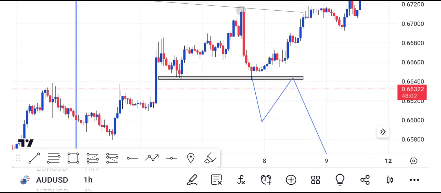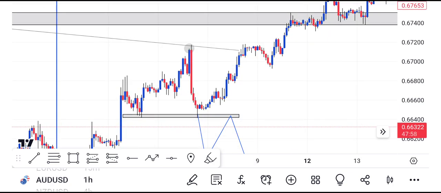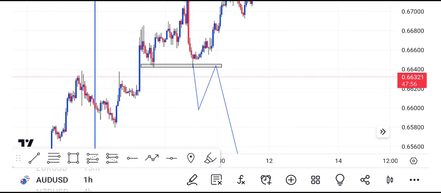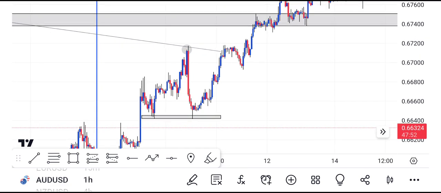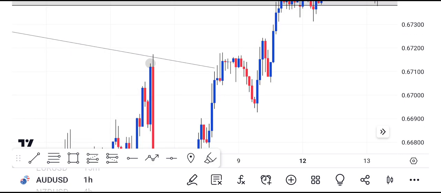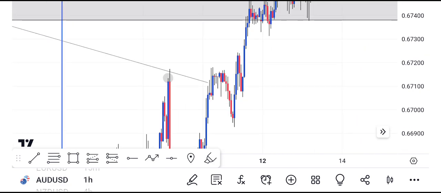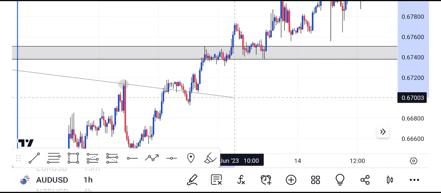Price then failed to break that level, and then while failing to break that level, what happens after? Price moves to the upside. While moving to the upside, it starts to break the trend line.